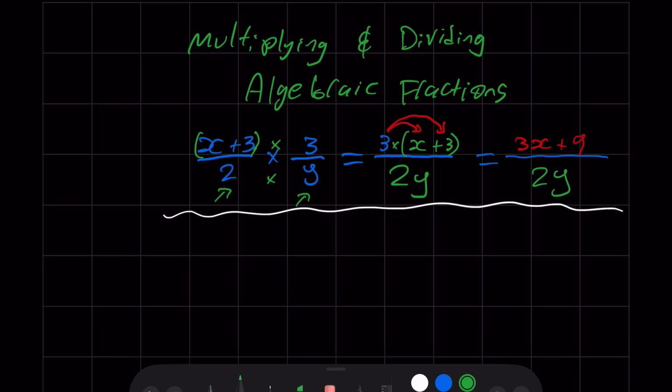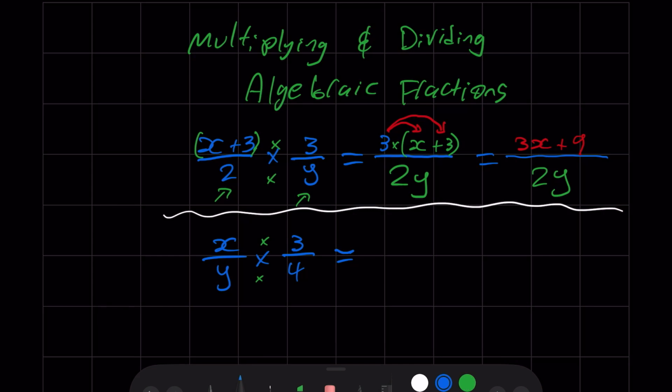Let me show you a question that is slightly easier that you may get. You may get a question that is just x over y times 3 over 4. If you get a question like this, just remember we are multiplying the numerators and we are multiplying the denominators.